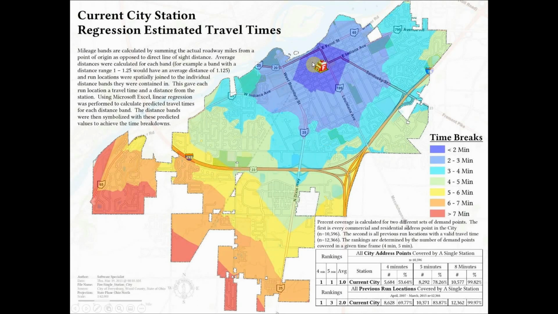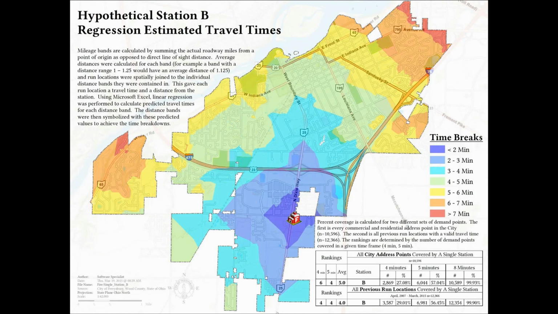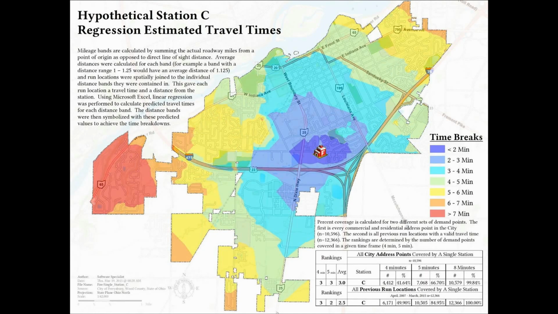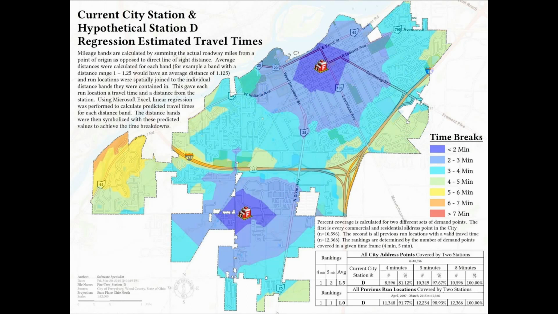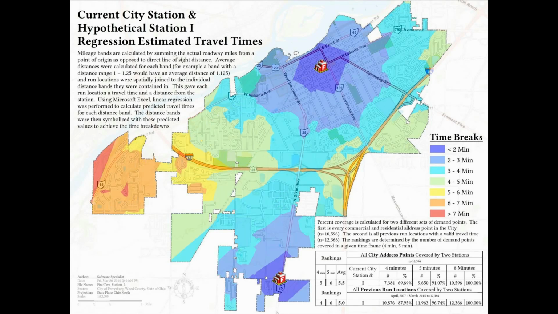We can take this model and we can shift it around to different areas in the city and estimate the percentage of the population that's covered based on these different areas, and essentially rank these different locations based on the number of people covered in 4 minutes, 5 minutes, and 10 minutes, using what we think is the most accurate and realistic travel time model that we could create based on the data that we have.